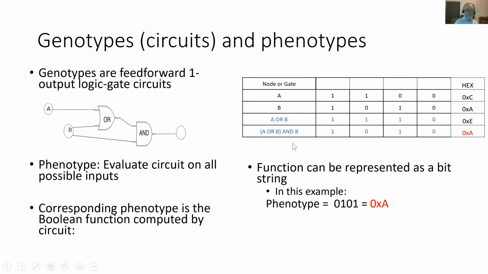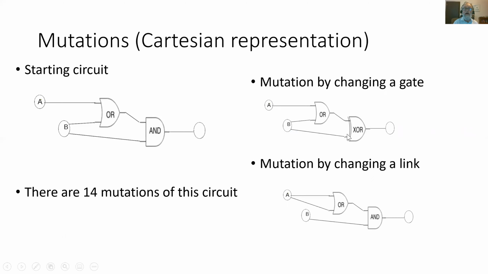And these can be computed extremely efficiently by bitwise parallel computation. Mutations are according to the Cartesian representation. Mutations can be changing a gate, say from AND to XOR, or changing a link. These are point mutations.